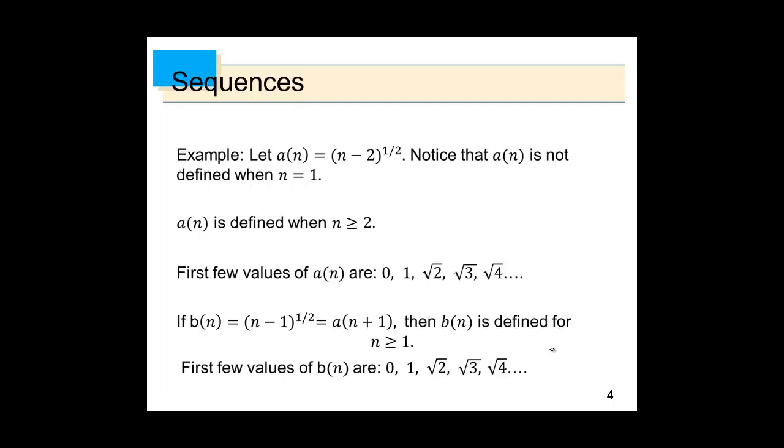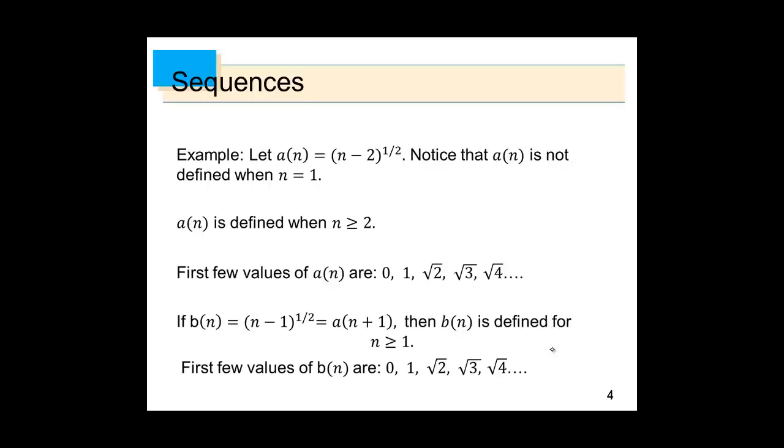Now, I'm going to define another sequence, B of n. In the sequence A of n, I am going to replace n by n plus 1. If I do that, notice that I get n minus 1 to the half, right?